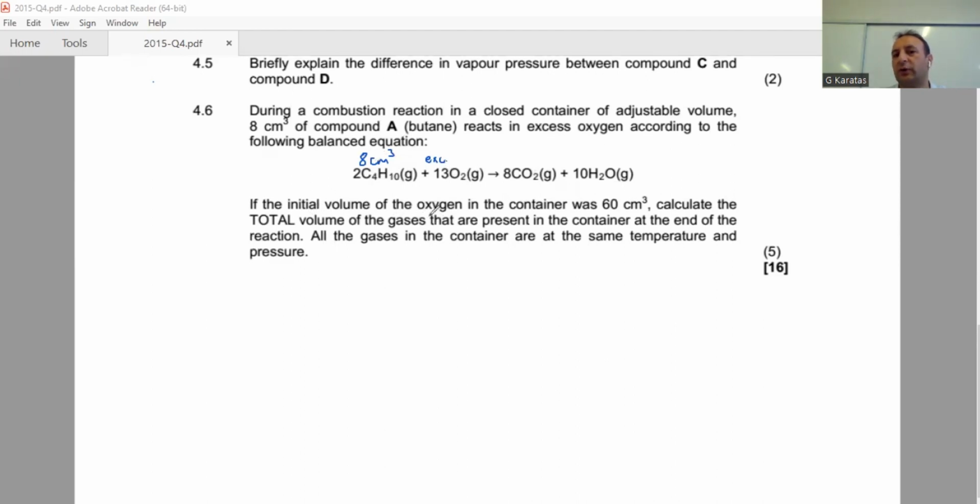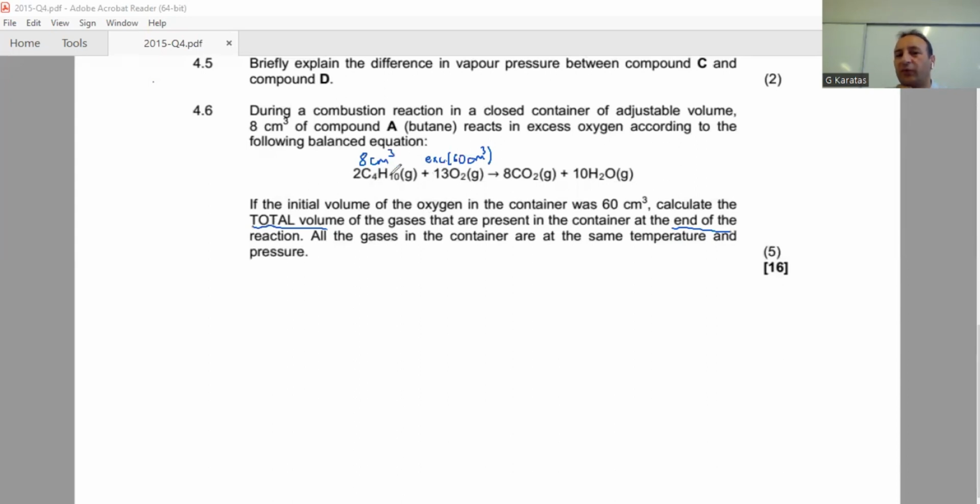If the initial volume of oxygen in the container was 60 cm³, calculate the total volume of the gases that are present in the container at the end of the reaction. All the gases in the container are at the same temperature and the same pressure.